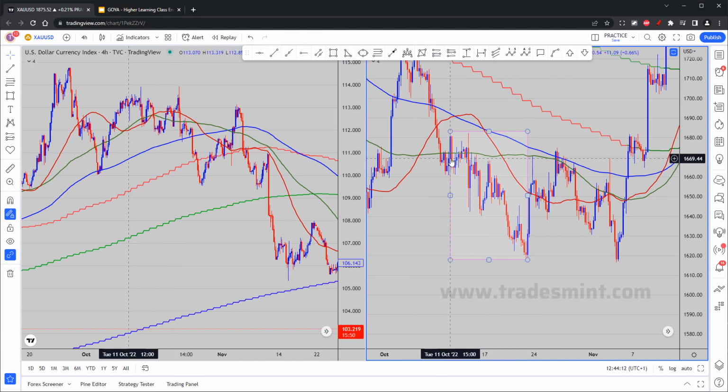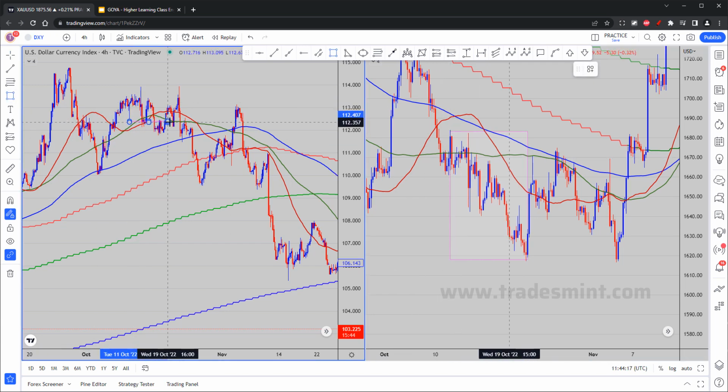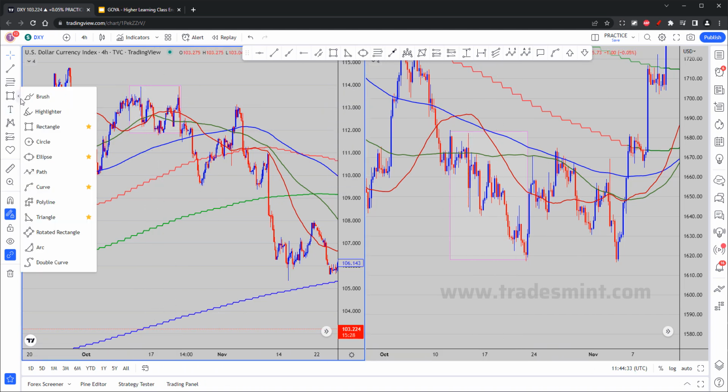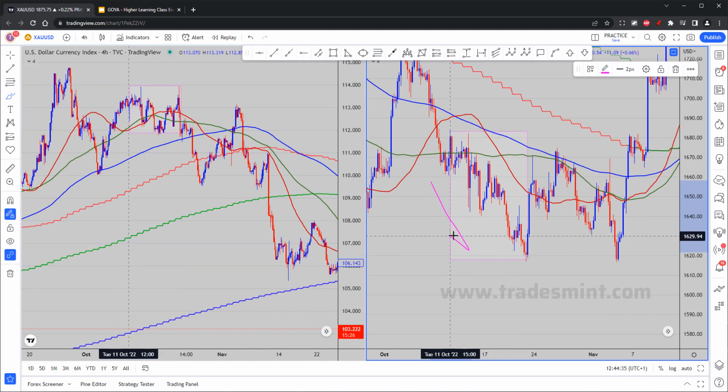However, if we take the same period of time on the DXY, so basically from about here, 11 October to the 22, somewhere about here, what do we see? We see a DXY that is in a consolidation. If we have a bearish gold going down, DXY should do the opposite.